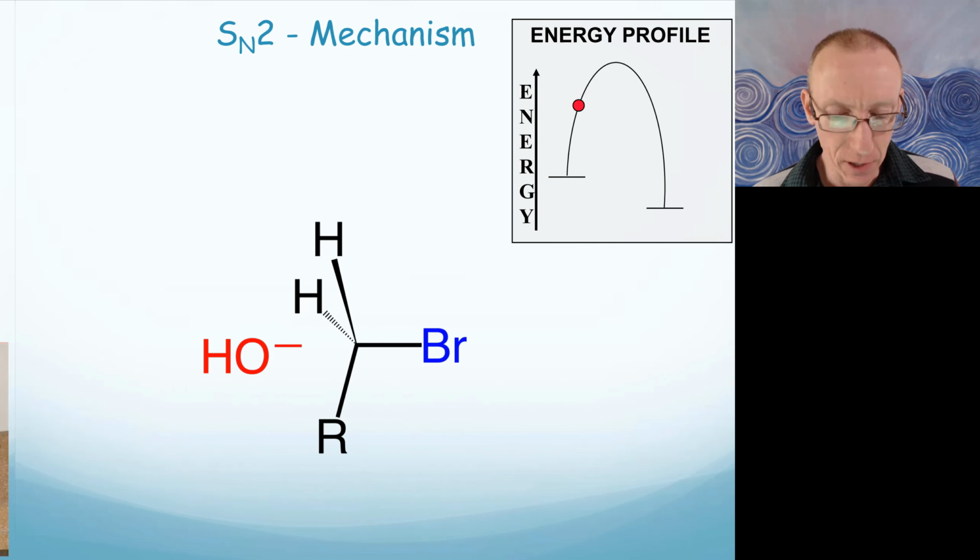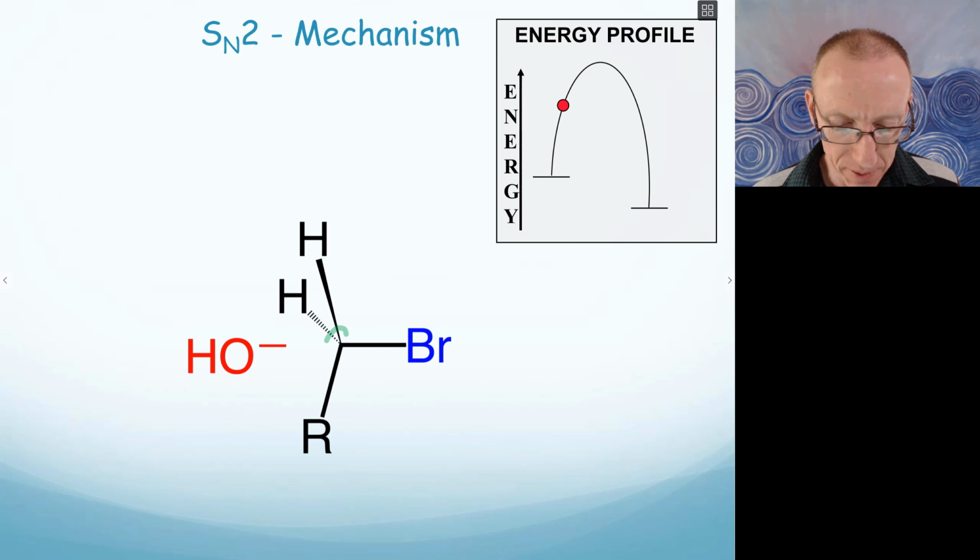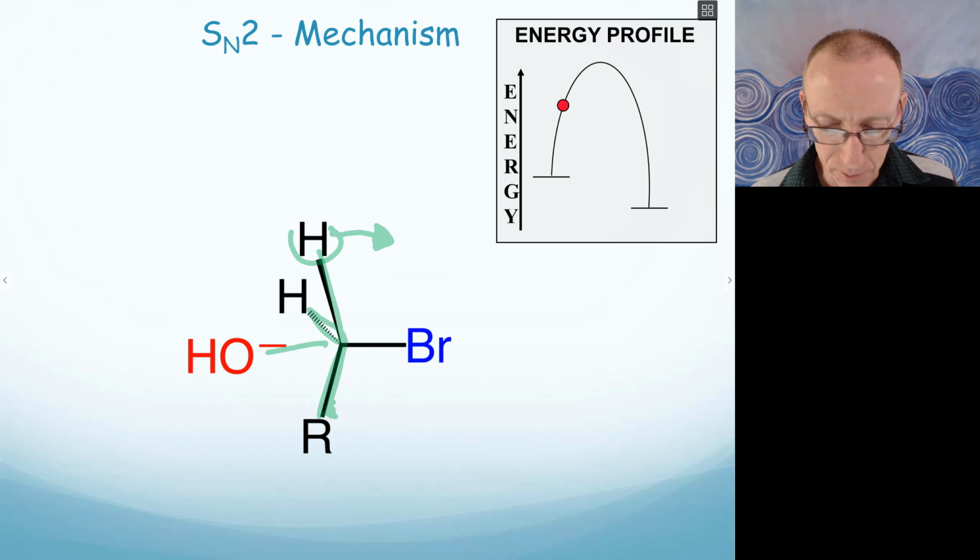As the nucleophile gets closer to that carbon, you notice that the angle between the leaving group and these hydrogens and the other substituents on this carbon starts to get smaller. So those groups start to move this way, away from the incoming nucleophile as it attacks that position.